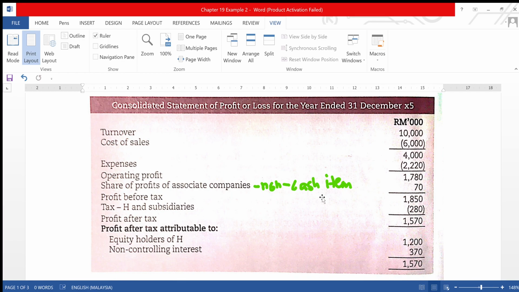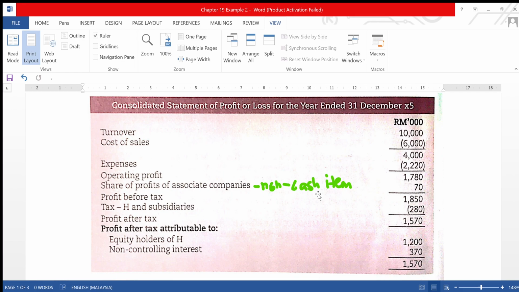Share of profit, when you calculate it, does not reflect cash received. Cash received is only reflected by dividend, the dividend that the company receives. So this is not dividend, only sharing of profit, so this is actually a non-cash item. But if a parent receives dividend, that actually affects cash.